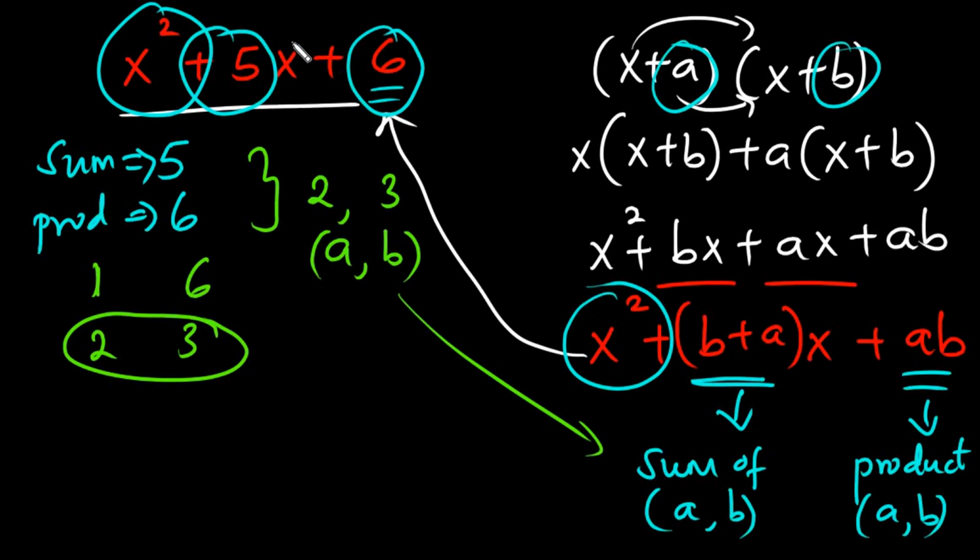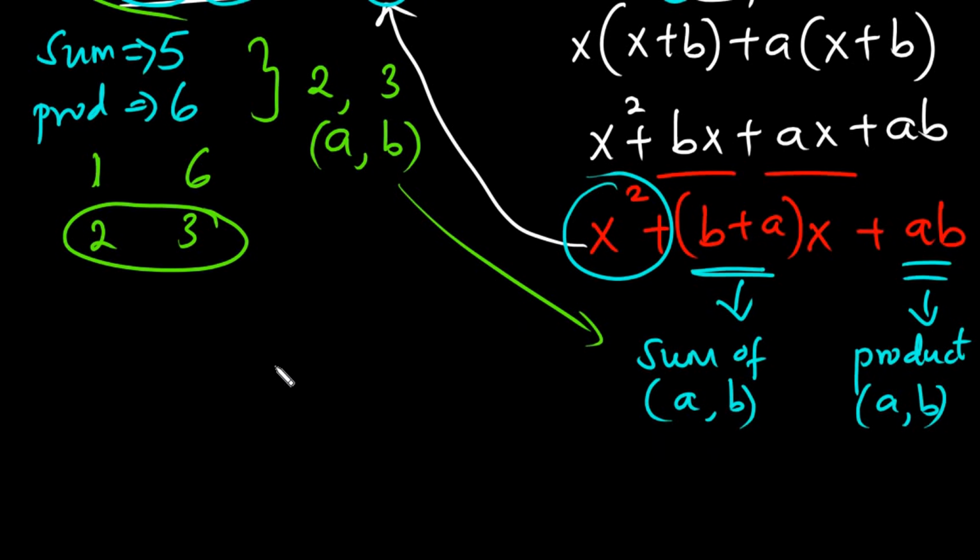So when we factor this expression, we are going to have x plus a, where we can use 2, and x plus b, where b is going to be 3. If you take a to be 3, then b becomes 2.